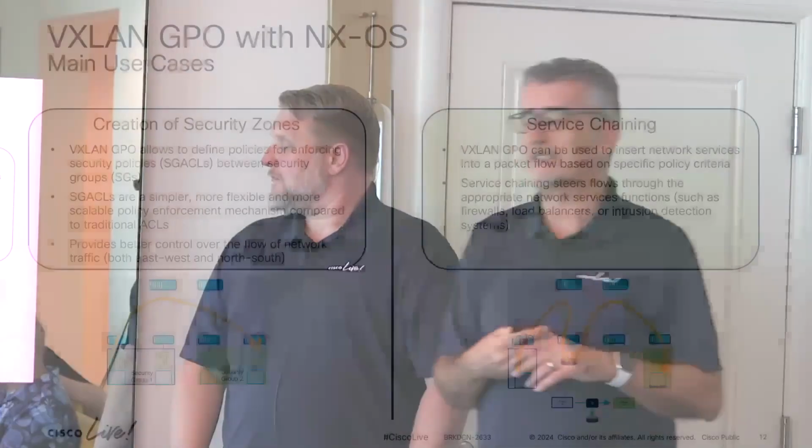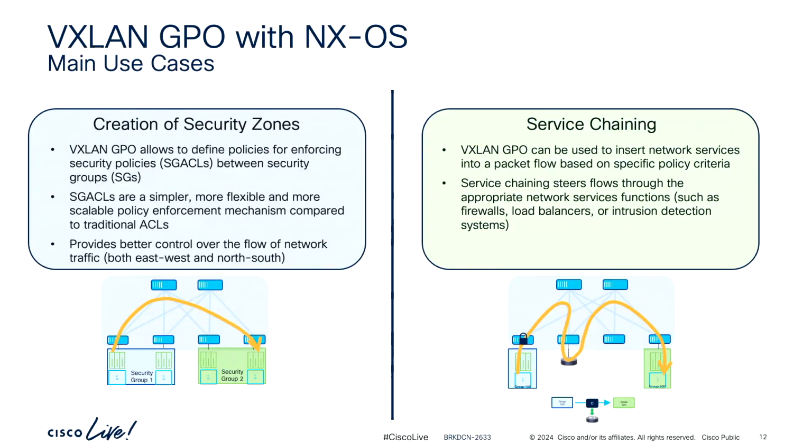The second use case, which I already mentioned and which is probably the one that we will see a lot, is that I created these security zones, and now instead of applying a contract between them, I say my policy is to redirect to a firewall because I want that firewall to be the policy enforcement point between these different groups.